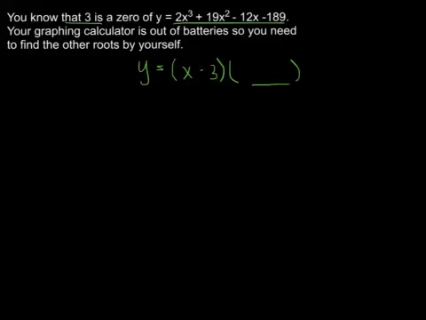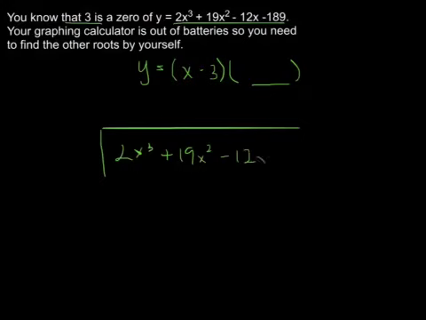So with that in mind, let's go ahead and set up our division. 2x cubed plus 19x squared minus 12x minus 189. And we're dividing by x minus 3.